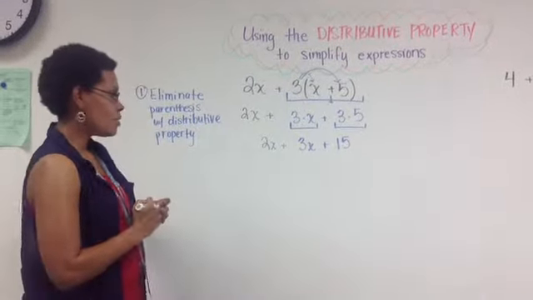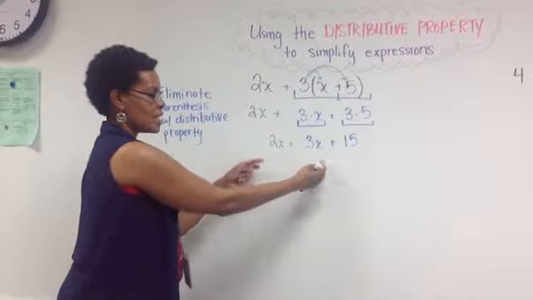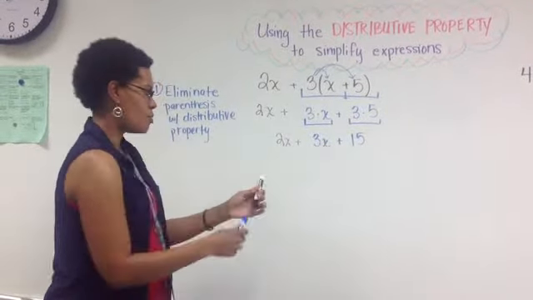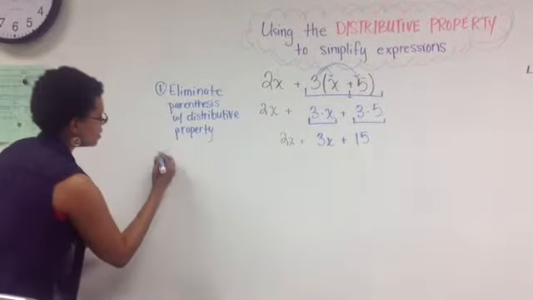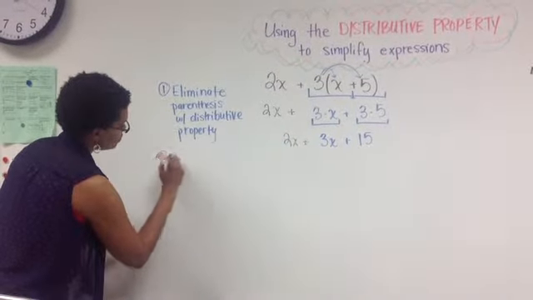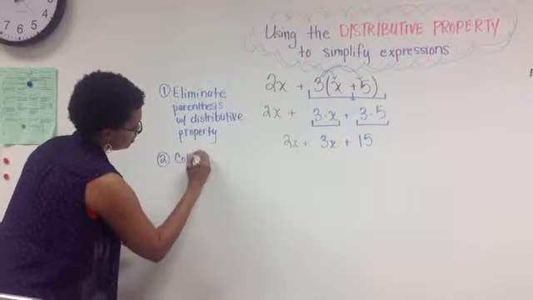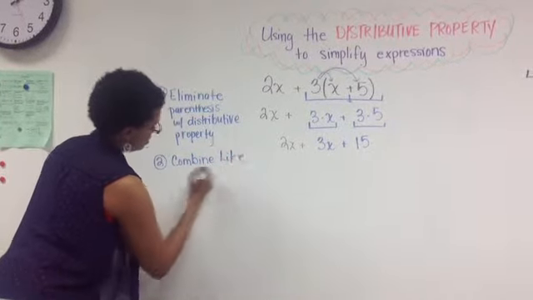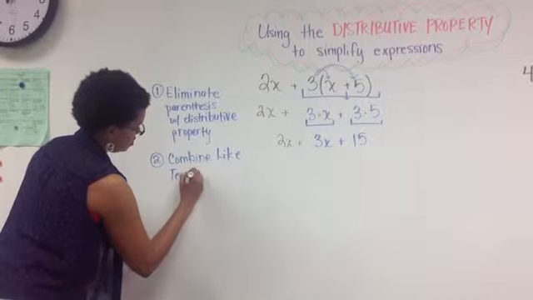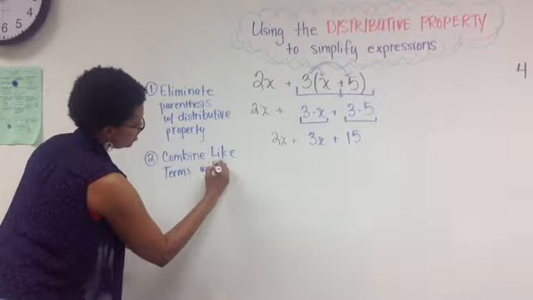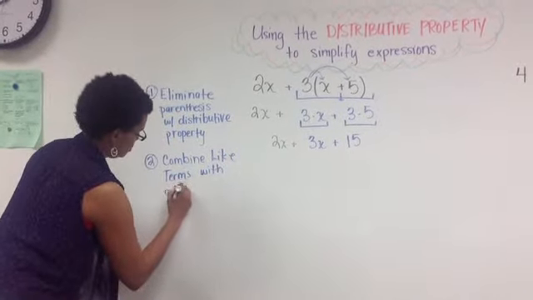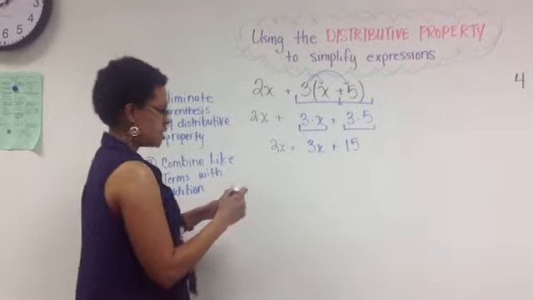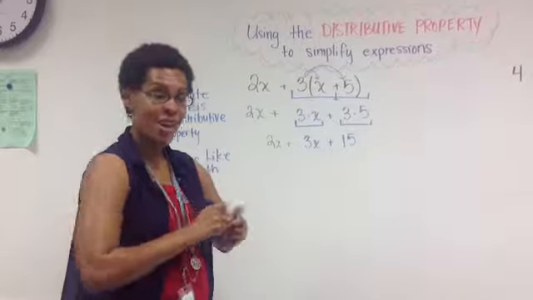And now I'm going to find my like terms and combine them with addition, since there is addition going on between each term. So secondly, combine like terms with addition. So let's see, what terms do we have that are alike?